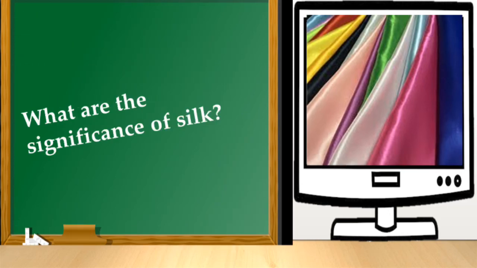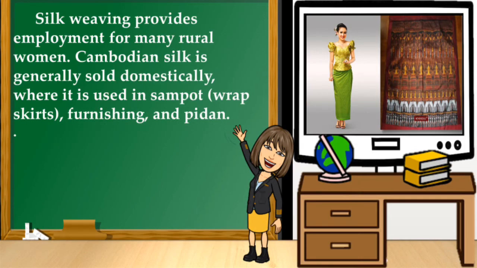So what is the significance of silk? Silk weaving provides employment for many rural women. Cambodian silk is generally sold domestically, where it is used in sampot, furnishing, and pidan. Now, it has seen an increase in export viability.